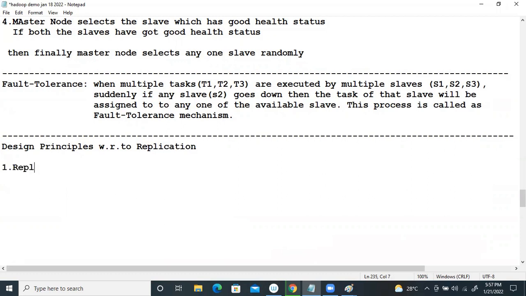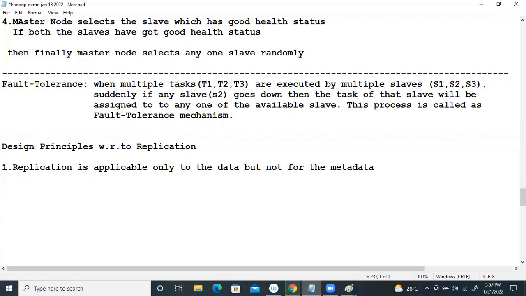Replication is applicable only to the data, but not for the metadata.